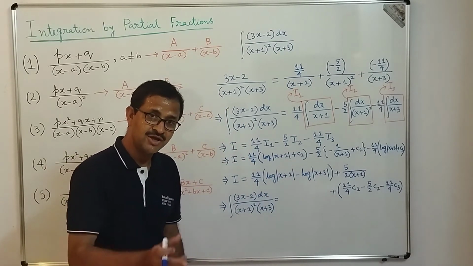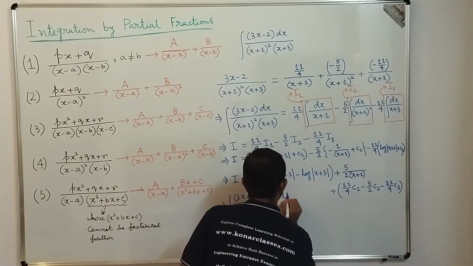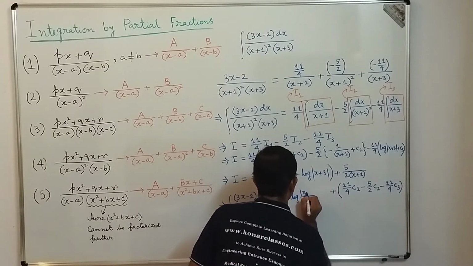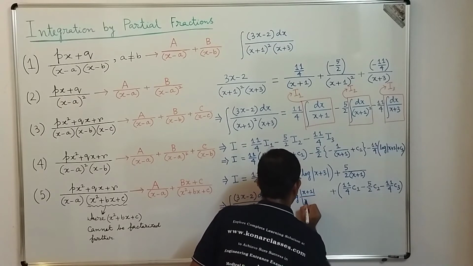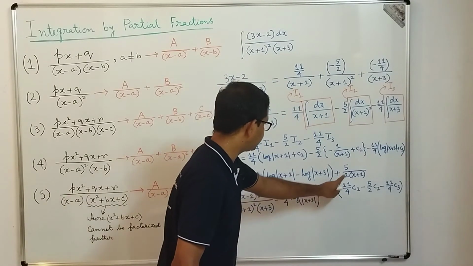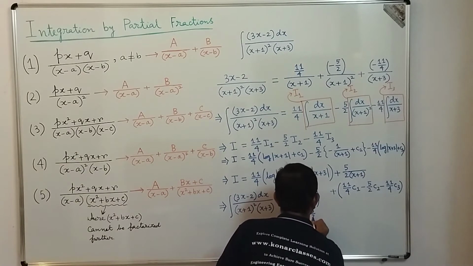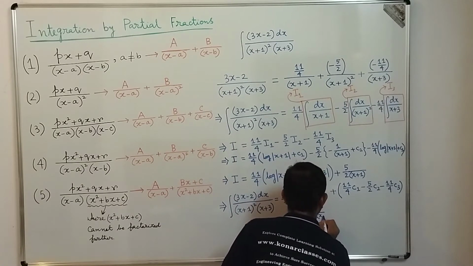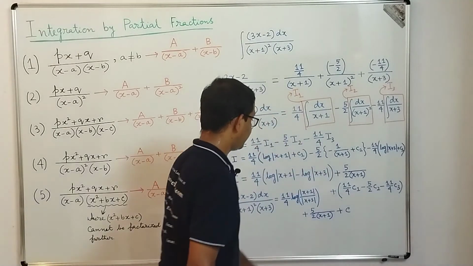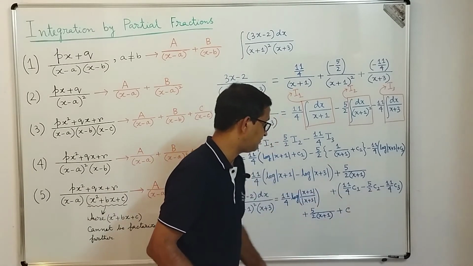Log m minus log n is log of m by n, so that is equal to 11 by 4 into log mod x plus 1 divided by mod x plus 3, correct? Now plus 5 by 2 into x plus 1, plus c, where c is equal to 11 by 4 c1 minus 5 by 2 c2 minus 11 by 4 c3.